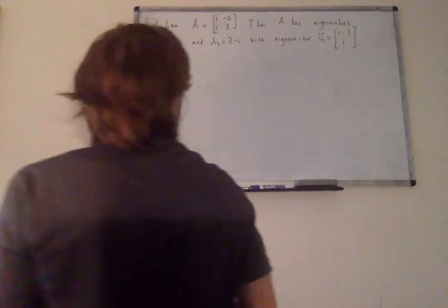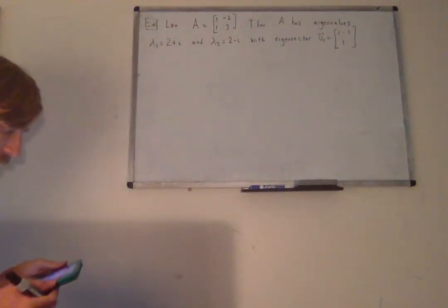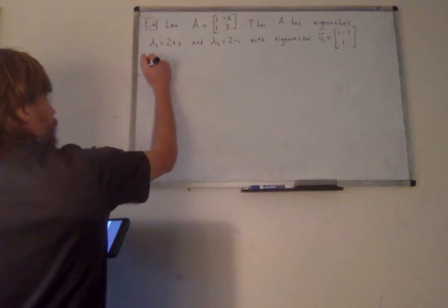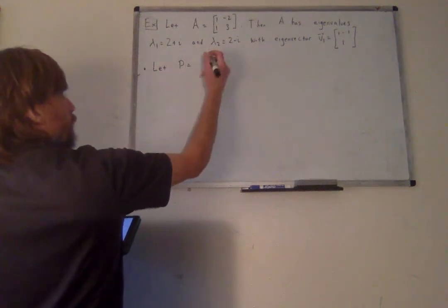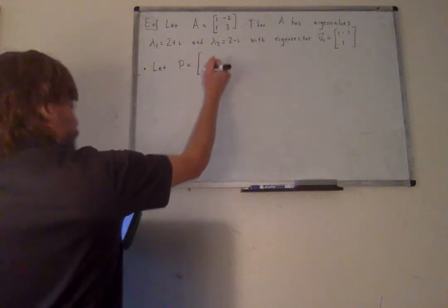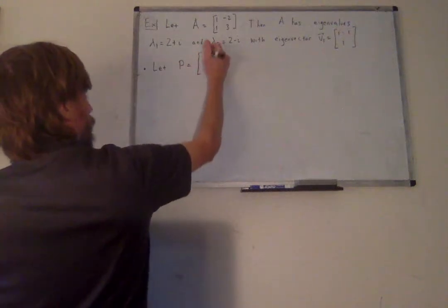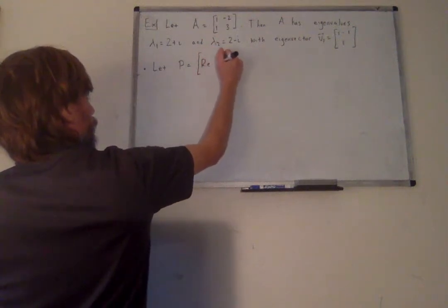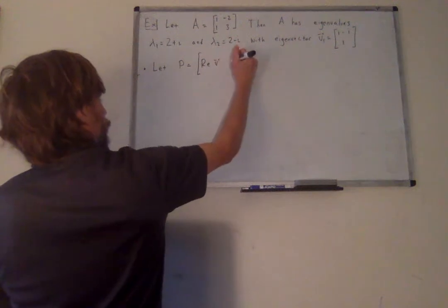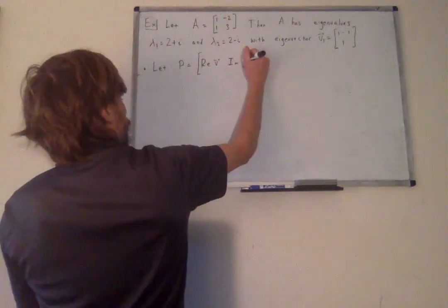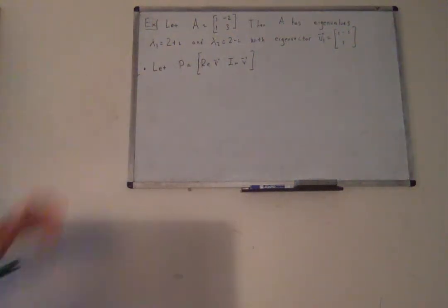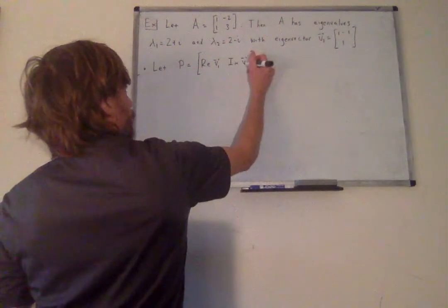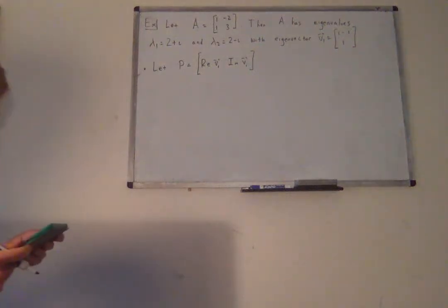All right, so we're going to define P to be the matrix whose first column is the real part of v1 and whose second column is the imaginary part of v1.